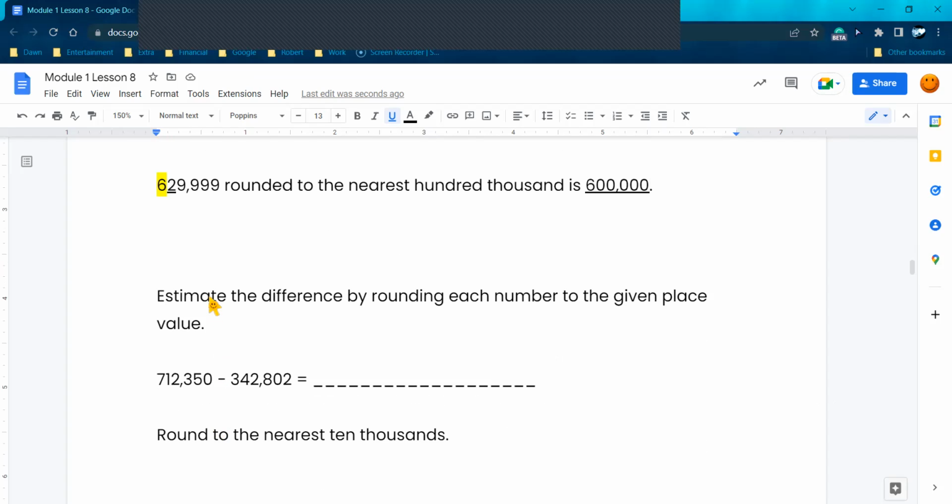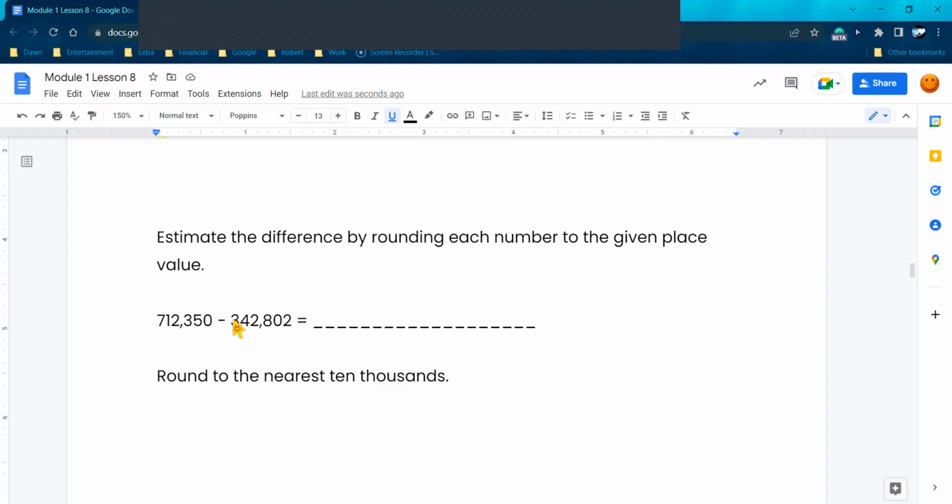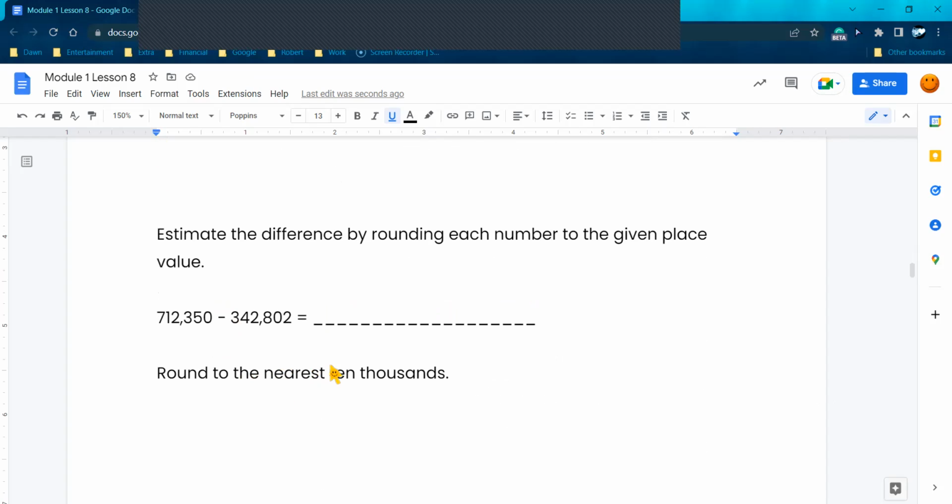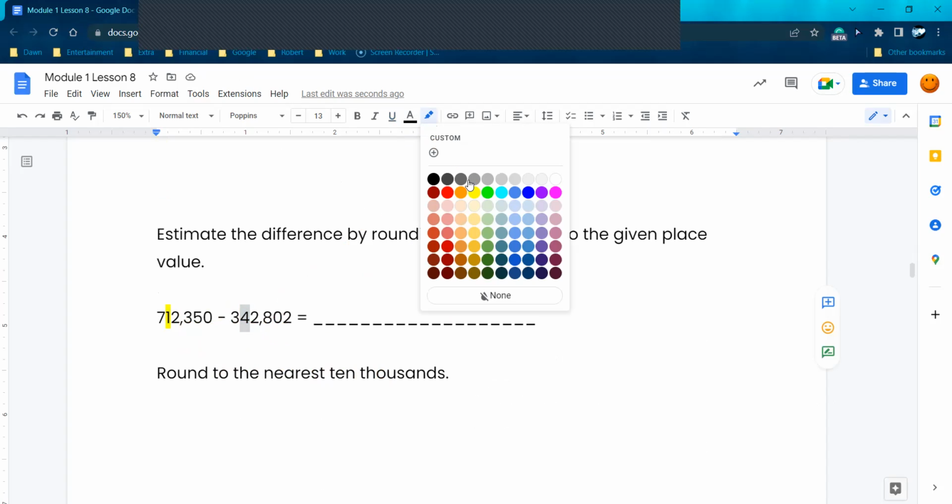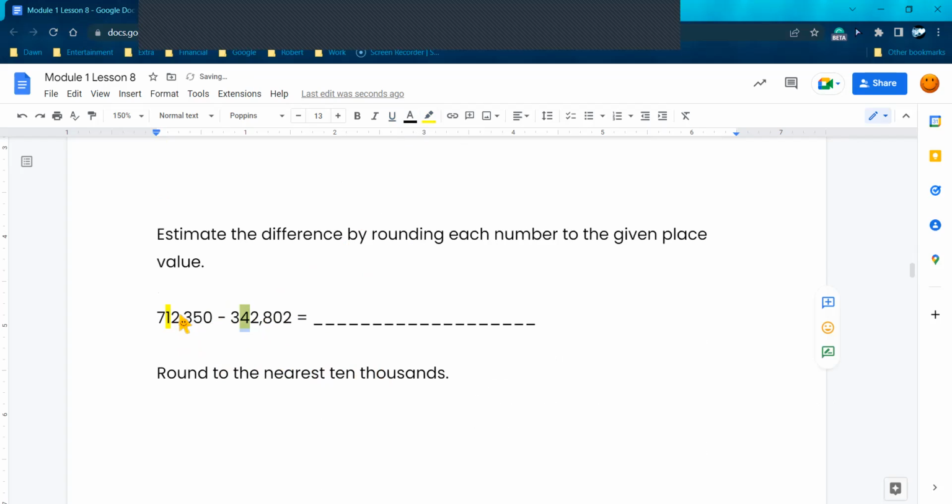And then we get to estimate the difference by rounding each number to the given place value. So we're rounding to the nearest 10,000s. So right now I'm going to highlight my 10,000s, you guys. So we have 712,350 minus 342,802. So I'm going to highlight my 10,000 and I'm going to underline the number to the right.